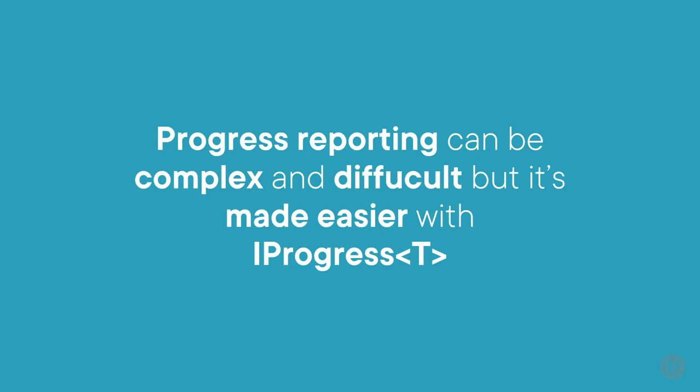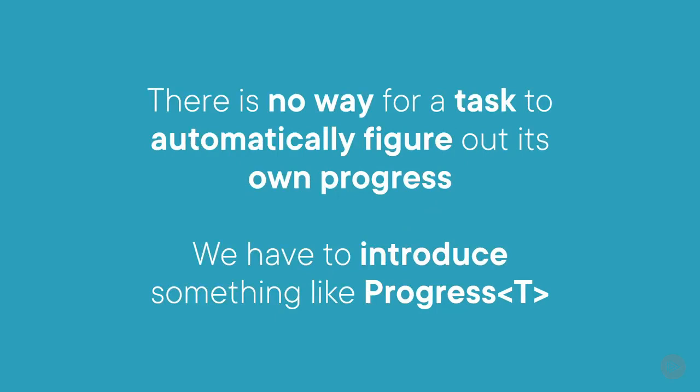So depending on the situation, it might be easy for you to add this to your particular asynchronous operation. But in other cases, it might be really hard, given the fact that the tasks themselves don't report on any progress. You'll need to find a way to get this into your asynchronous methods on your own.